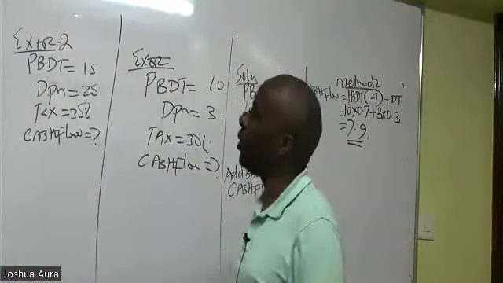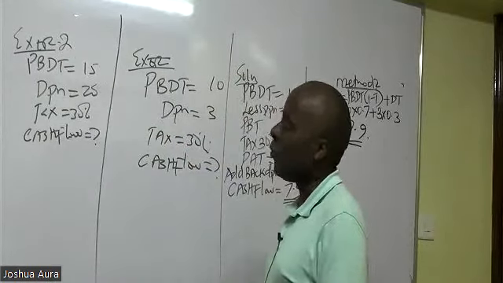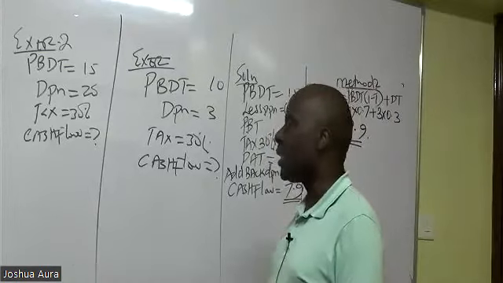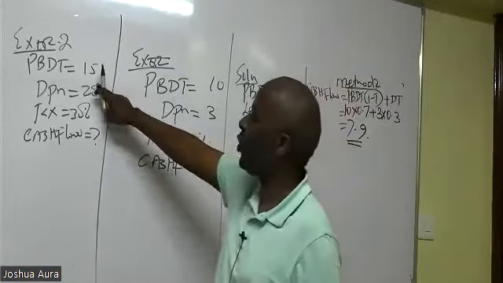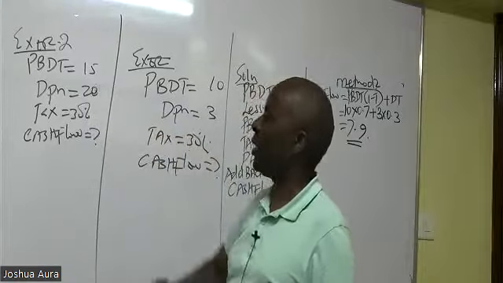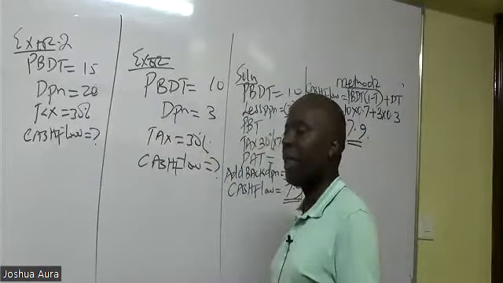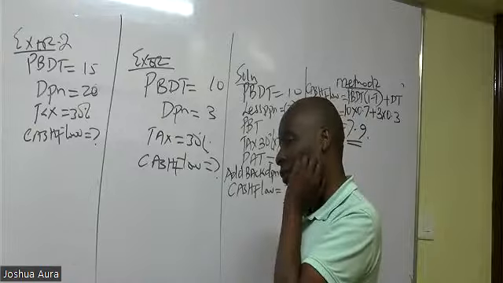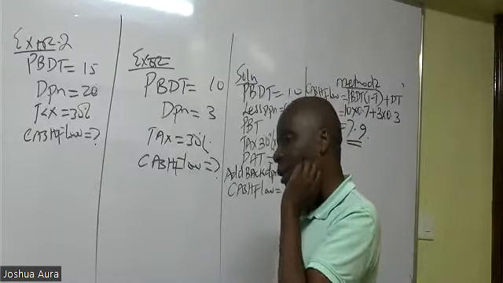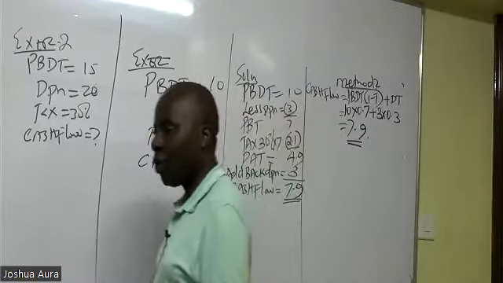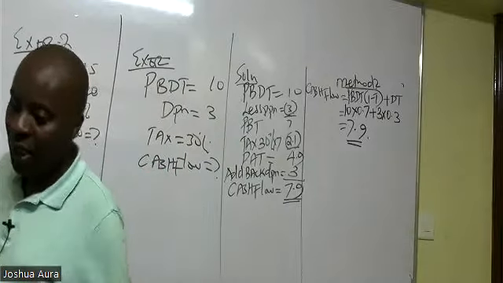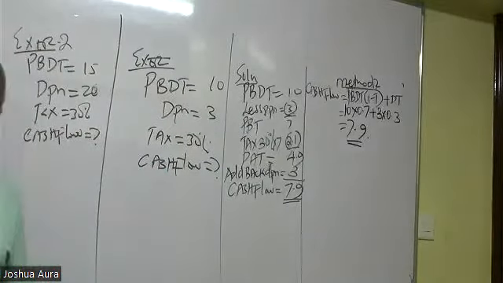They have given you profit before depreciation and tax of 15. Depreciation here is 20, which is higher than the profit. Tax is 30%. And then they want you to give us the cash flow.